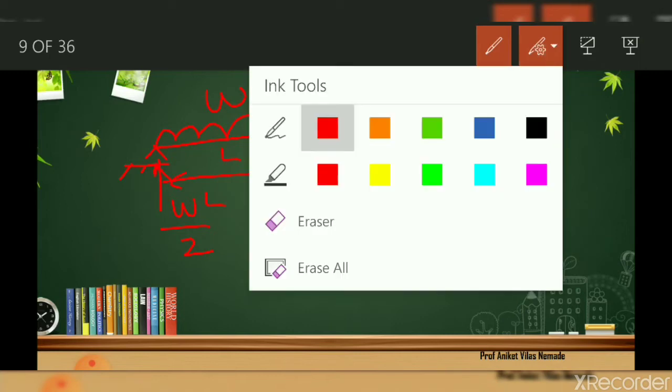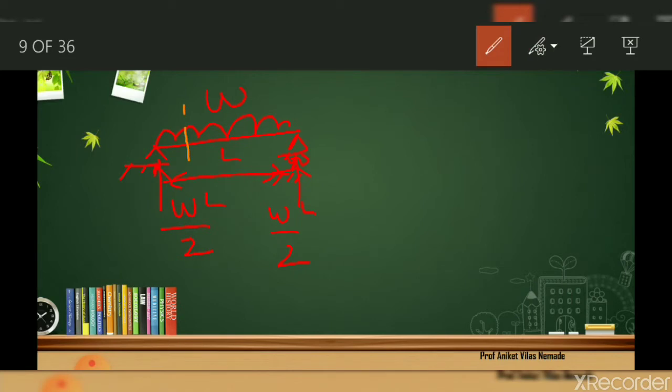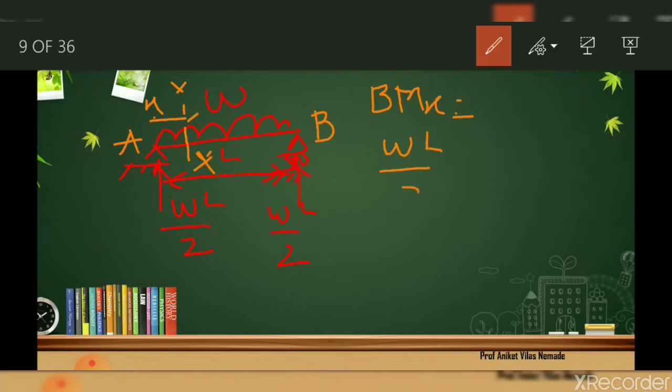If you find the moment about some section XX at a distance x from A, say this is A and this is B, it's very simple to write the bending moment equation: WL by 2 into x minus Wx square by 2.